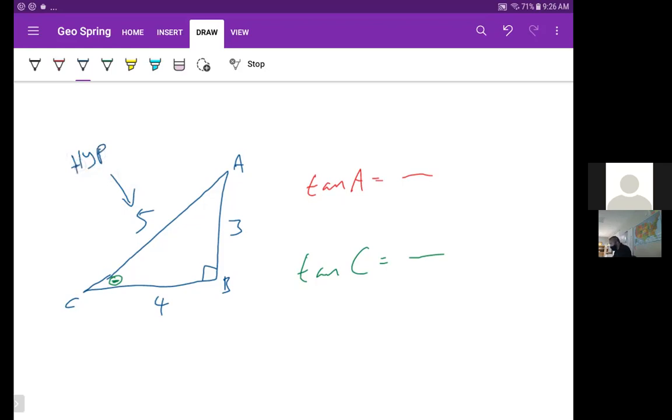Is it 3 or 4? 4, right? That's obvious, right? So tangent is opposite over adjacent. So 4 is the one that's touching, 3 is the one that's opposite. This is how this works.